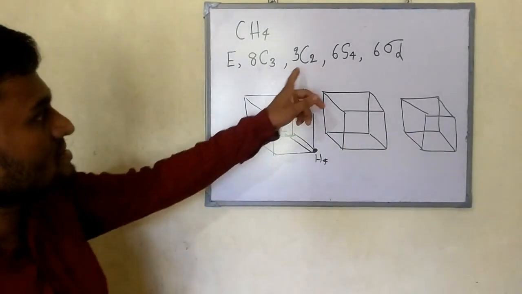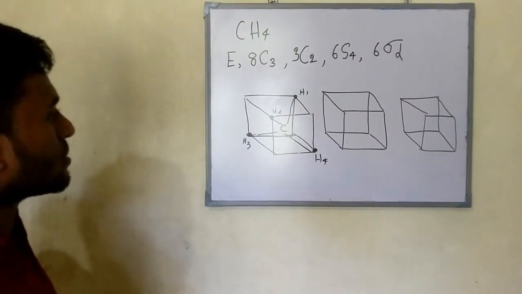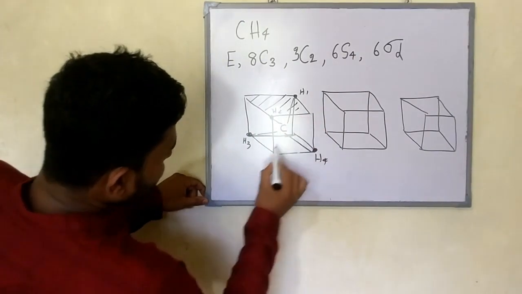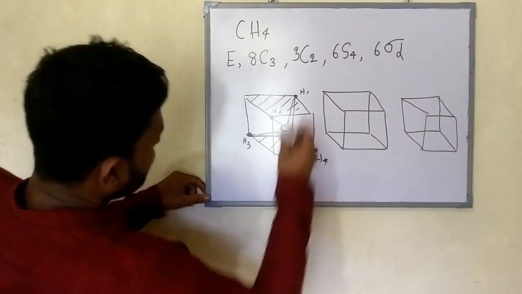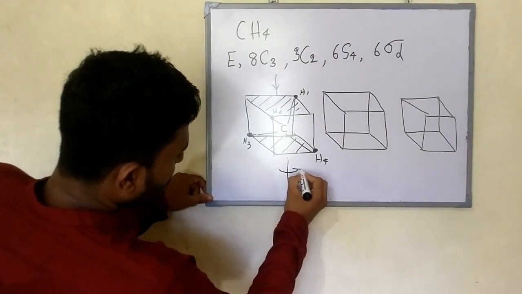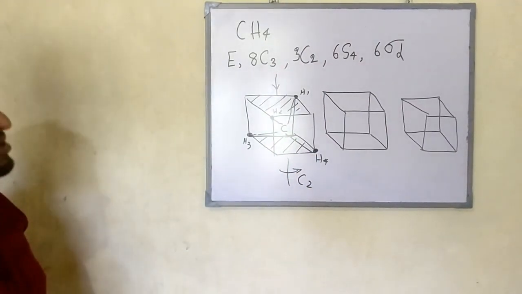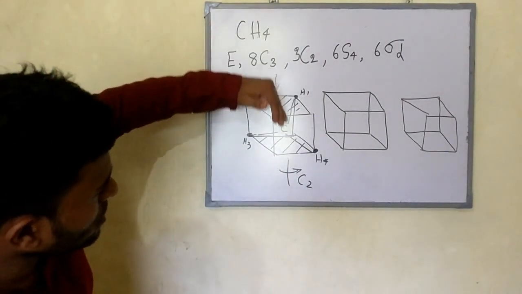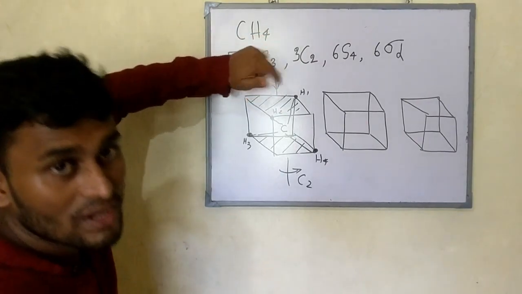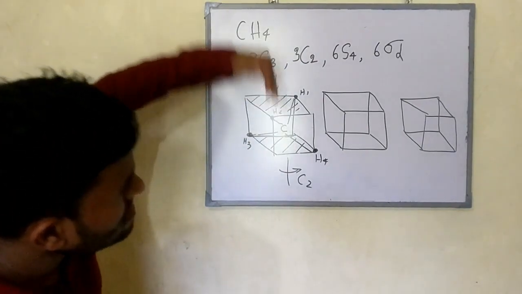So how the C2 axes are going to come? The axis going through this plane will be 1 C2. Then the molecule cut into two halves. That means you can rotate the molecule through this plane.